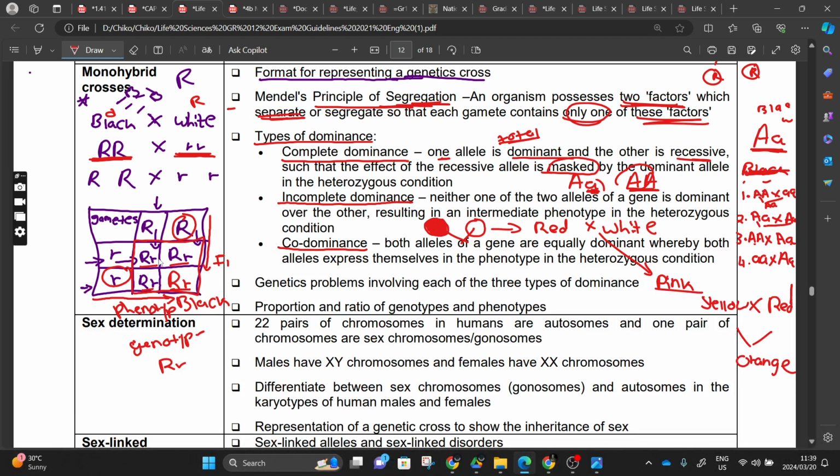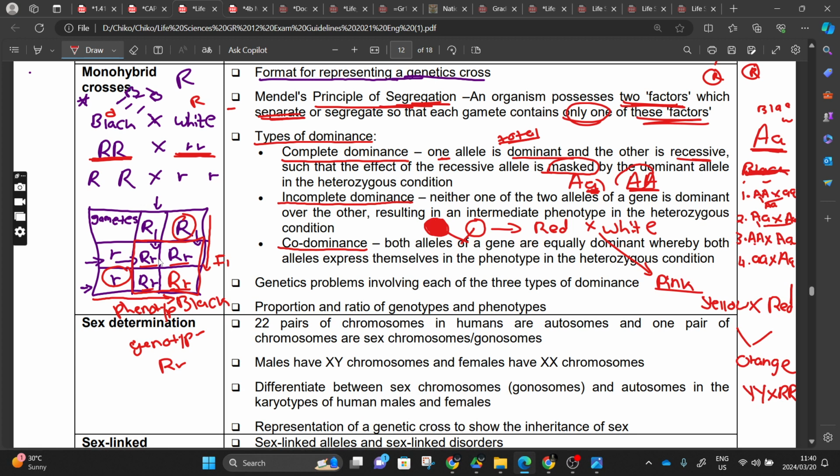When we cross these, we use capital letters, because neither of them is dominant and neither of them is recessive. So we say a capital letter Y for yellow mixed with capital letter R for red. Now more alleles come in.